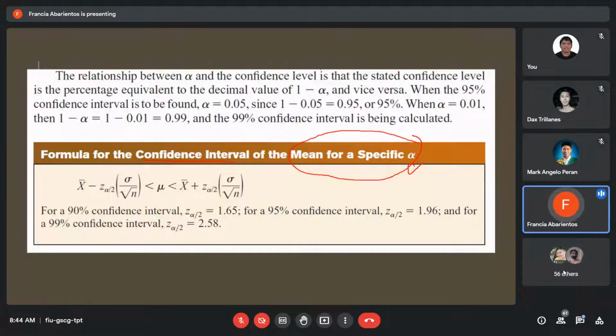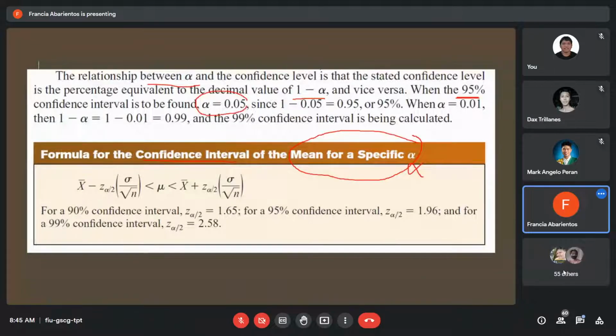What is your alpha? The relationship between the alpha and the confidence level is that the stated confidence level is the percentage equivalent to the decimal value of 1 minus alpha and vice versa. Okay. Take note, pag given sa atin yung 95% na confidence interval natin, it is found out that your alpha is 0.05.